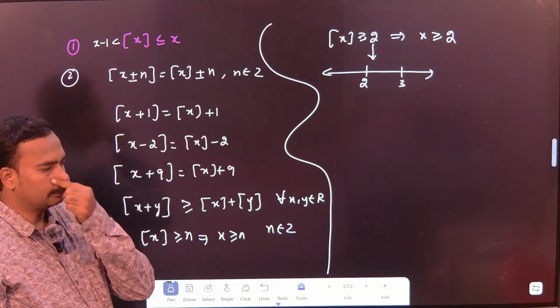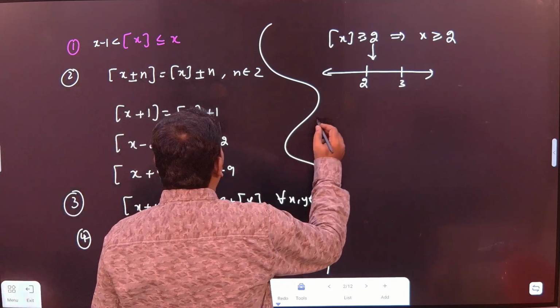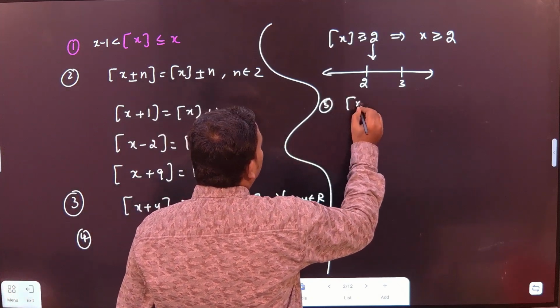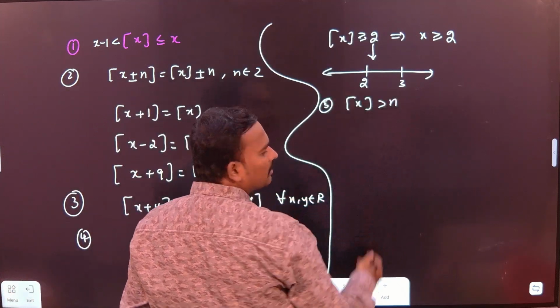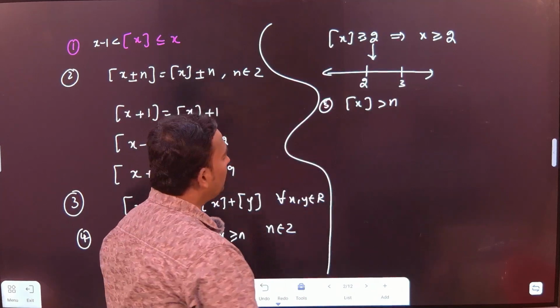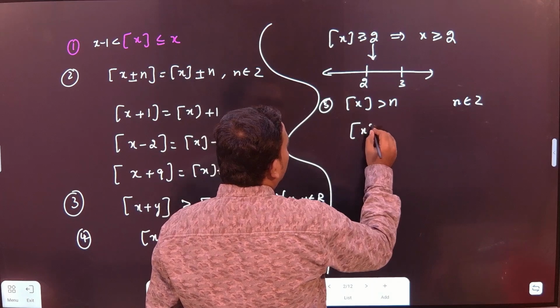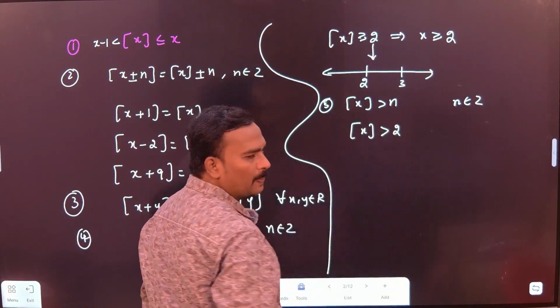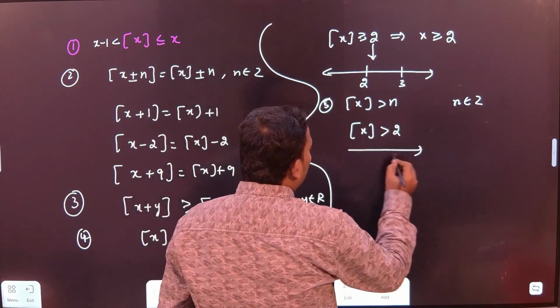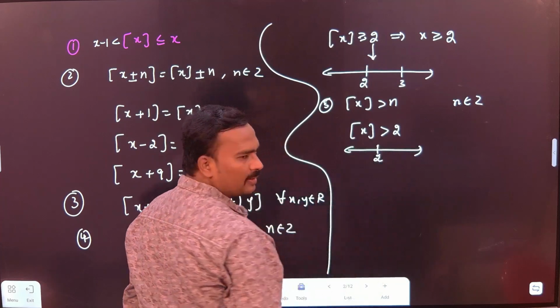Understood? Next, the fifth one: suppose the greatest integer function is strictly greater than n, not equal to. Here n belongs to integer. Let me take the greatest integer function strictly greater than 2. First, draw the number line and fill in the 2 here.